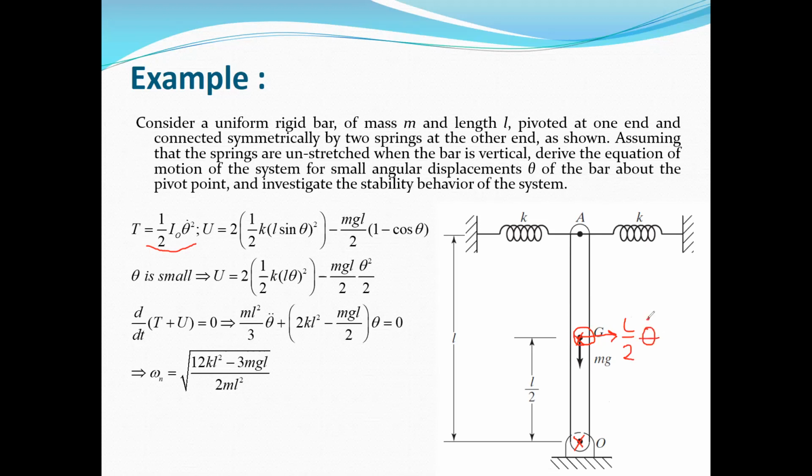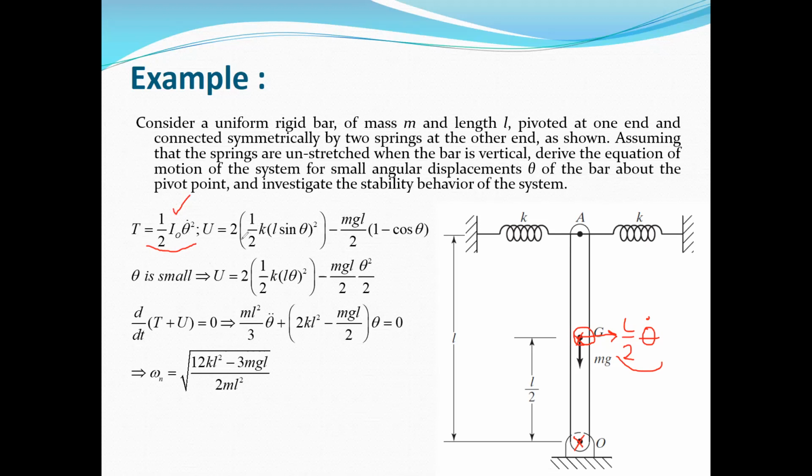So it's equal to one half times the mass of the bar, M, times Vg, which is L over 2 times theta dot, squared. So definitely the best option is writing the kinetic energy about the fixed point, because it's easier. We will have one half I_O theta dot squared.